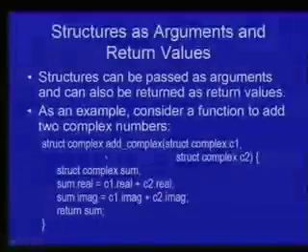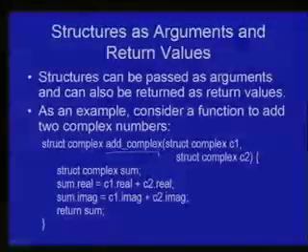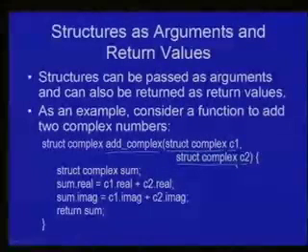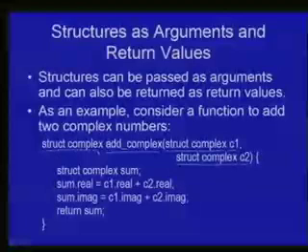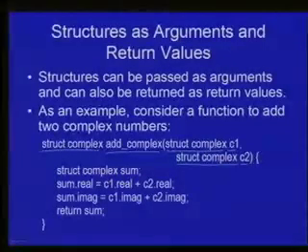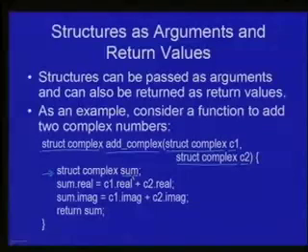So here is a function add complex to add the two complex numbers. It has two parameters, C1 and C2. Both are of type struct complex, that is C1 and C2 are both complex numbers, and the return type is also struct complex. That is, we are going to return another complex number from this function. So it declares a local variable called sum, which is also of type struct complex, and now to add C1 and C2, all we need to do is to separately add the real and imaginary parts, and that's what these two lines of code are doing.